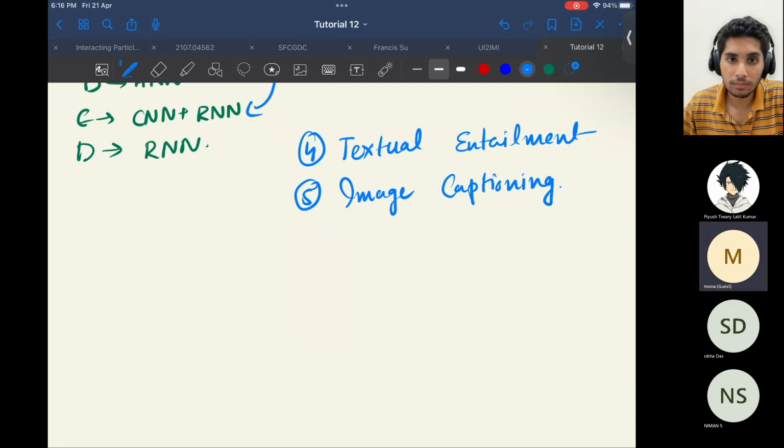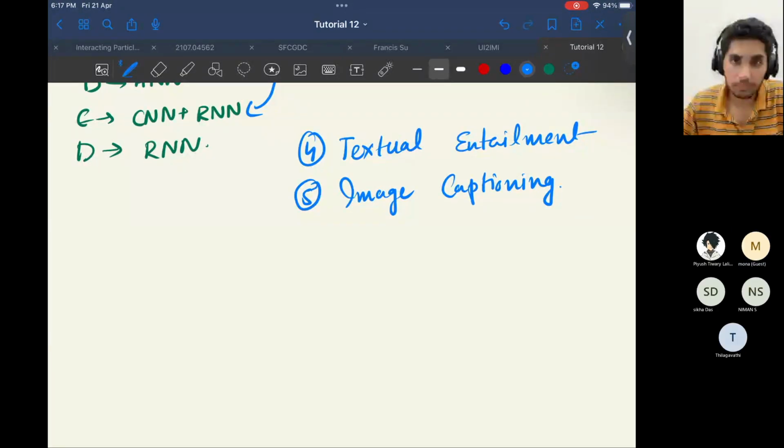I think these were the ones which I can recall from the ones mentioned in the assignment. There was also a question related to hierarchical encoder decoder network, so if you could take an example of that also.